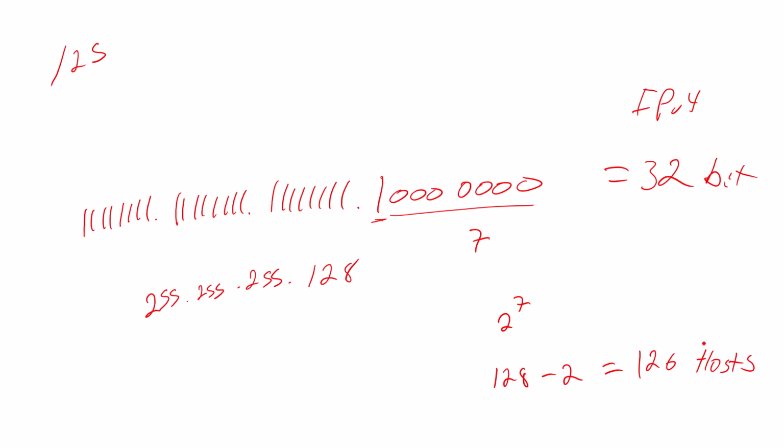We have borrowed 1 bit here. So when we look at the total number of subnets, 2 to the power of 1 is 2. So we have 2 subnets with 126 hosts if we did a /25.